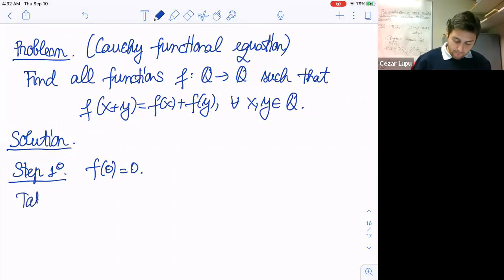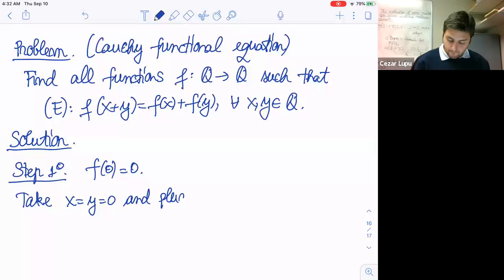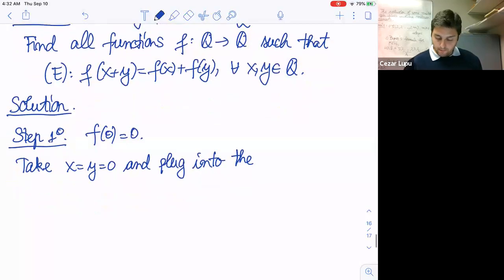We take x equals y equals 0 into the functional equation, and let's call this E, and plug in to the functional equation E.